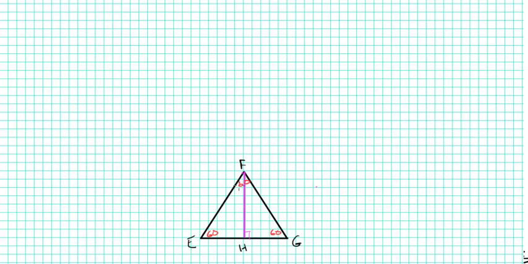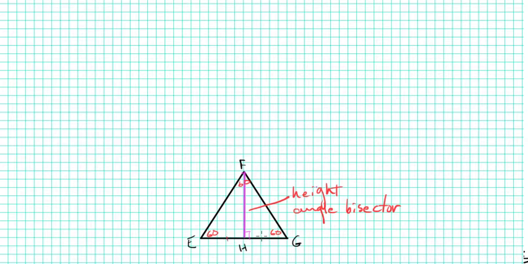So if we put this purple line in here, this is the height. But because of the type of triangle we have here, it's also the angle bisector, and it's the bisector of this opposite side here.